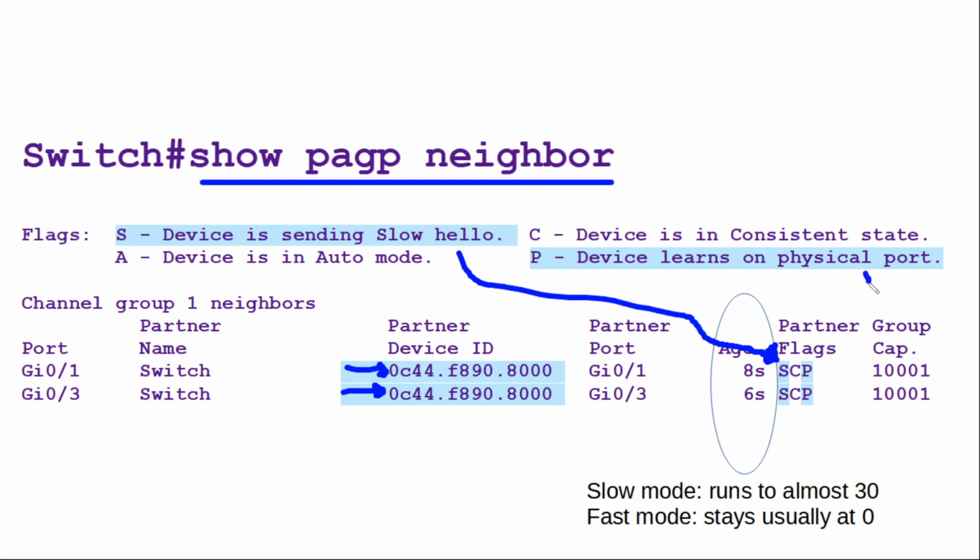And the remote device is configured to use physical port learning. Remember that there are two learning methods, and remember that this hello time is negotiated.